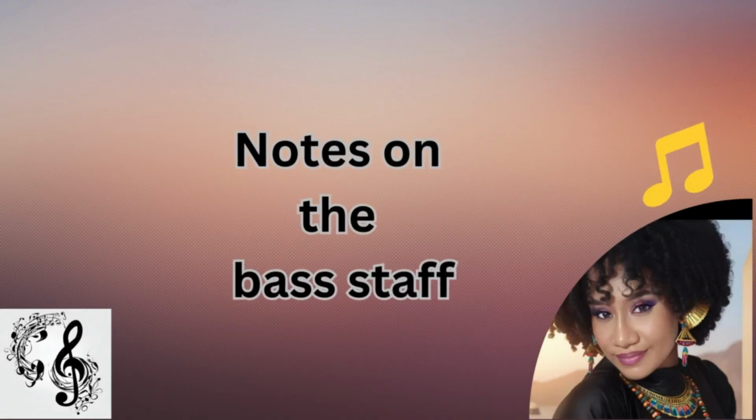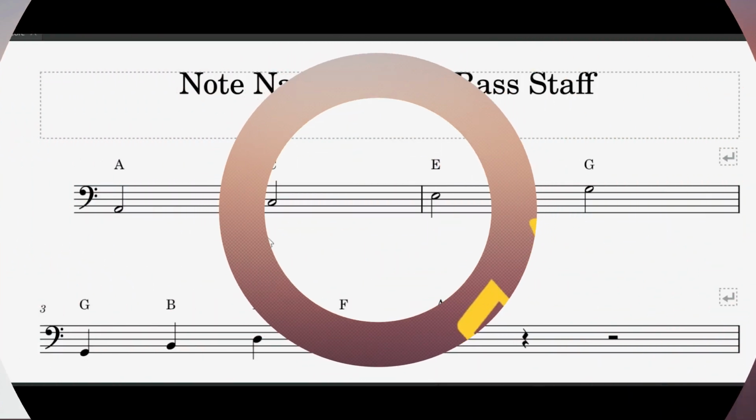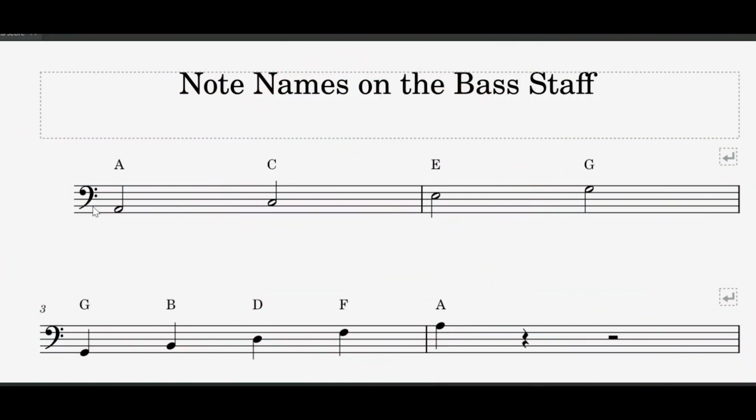Notes on the bass staff. A staff that begins with a bass clef. There's a bass clef at the very beginning. And let's look at the space notes. Just like in treble, you could place notes on the first, second, third, and fourth space.